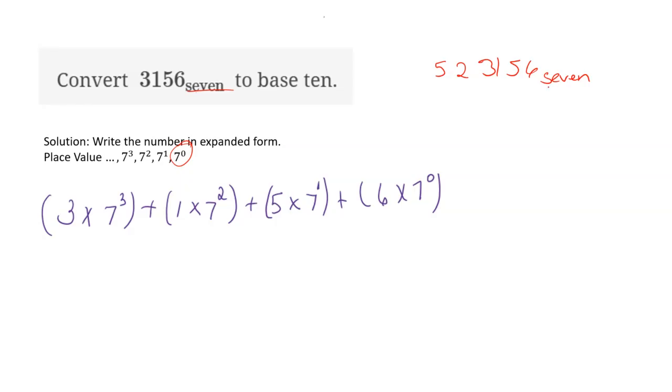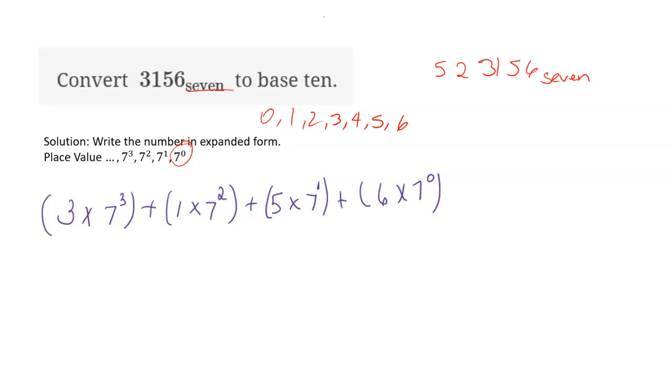Notice that I cannot use anything greater or equal to 7 because the numerals in base 7 are only 0, 1, 2, 3, 4, 5, 6. That's the largest digit that I can use in a number in base 7.